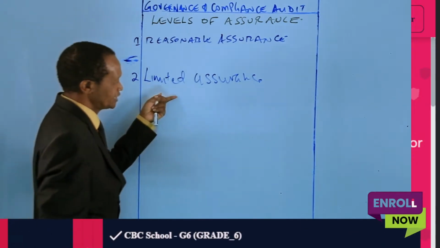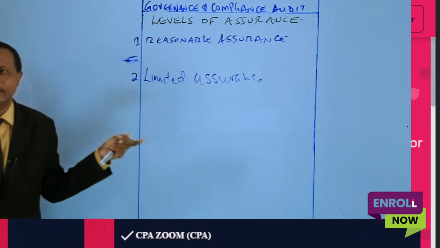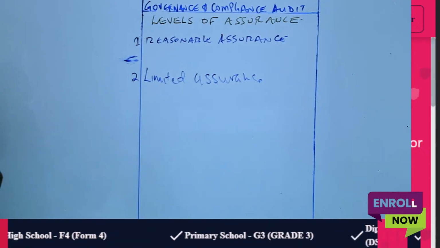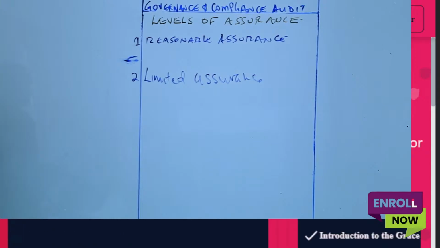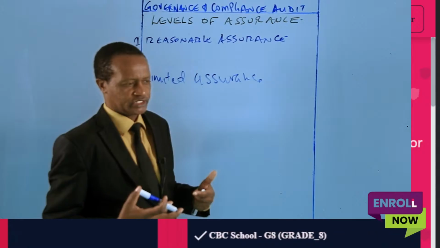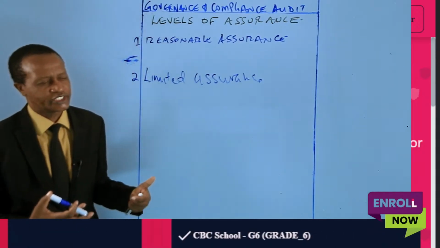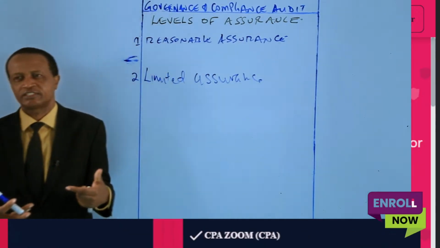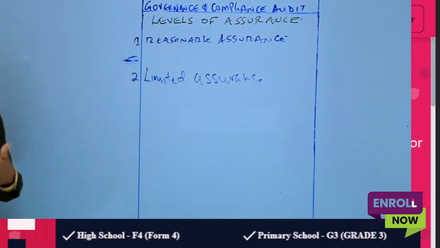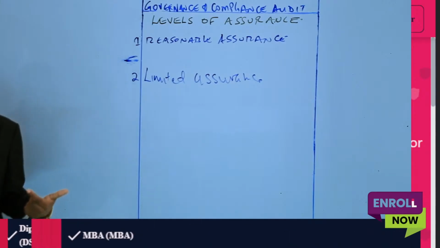It's a moderate assurance. And the auditor here has to perform fewer procedures and therefore provides a lower level of assurance because he has conducted fewer procedures. You understand? And the conclusion is often negative.